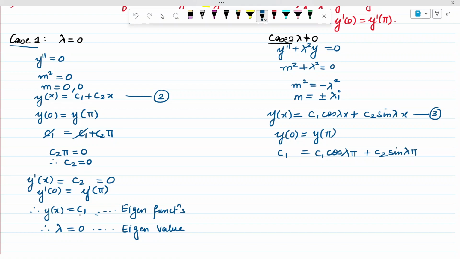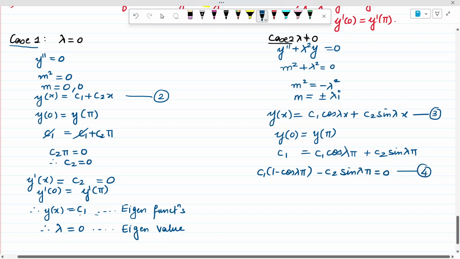Now we cannot say this is 0 because we don't know the value of lambda. If lambda were an integer, this would definitely become 0 or 1. But we don't know the value of lambda. Lambda is any real number. So I may write this as C1 into 1 minus cos lambda pi minus C2 sin lambda pi equal to 0. Equation number 4, we'll call this.